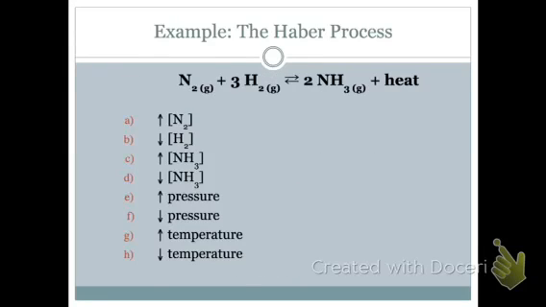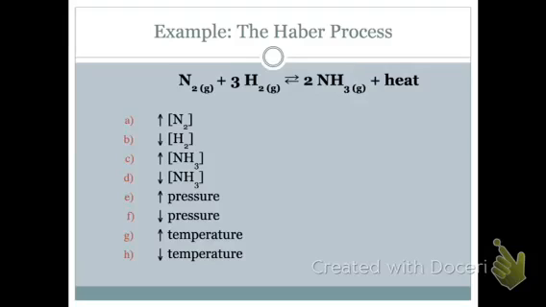Now, there's something called the Haber process, and it's a process basically to industrially create ammonia. It's one of the first industrial chemical processes that came around, and it's been researched extensively. So when you're looking at these, you've got 8 different scenarios.